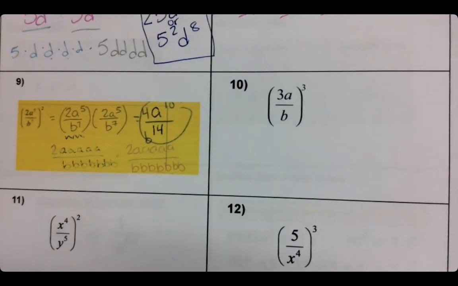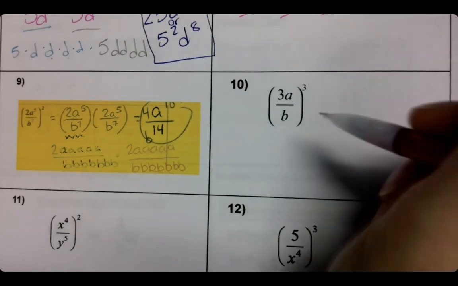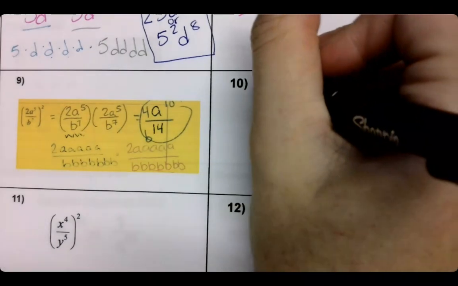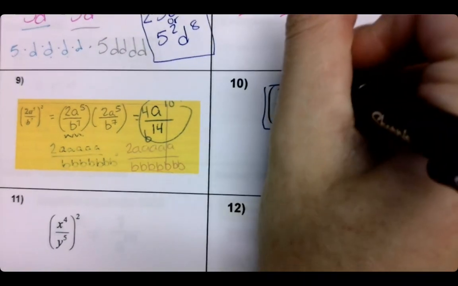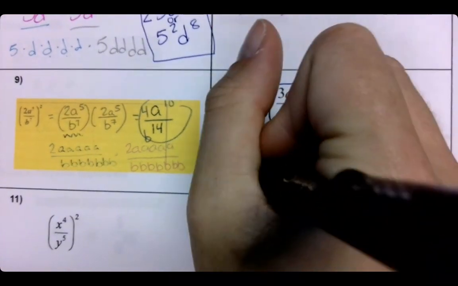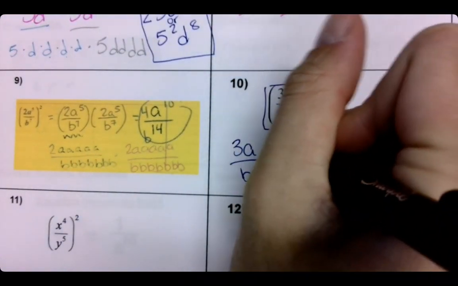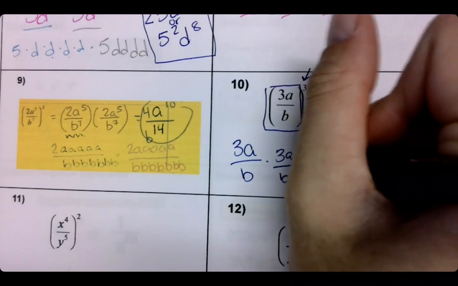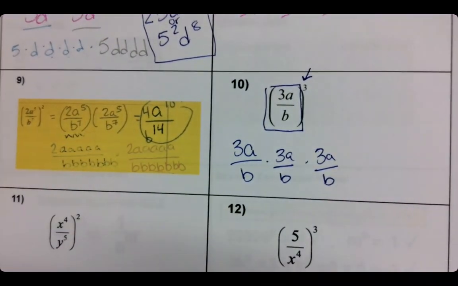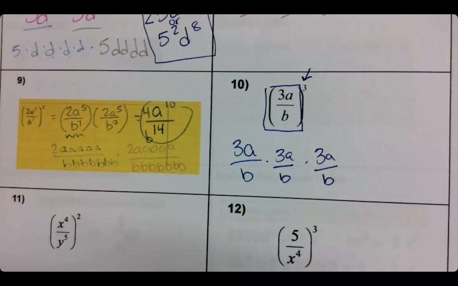So thinking about what you just did, what is written and how many times? This whole thing is written 3 times. So we have 3a over b written once, written twice, written 3 times. Nothing extra is happening.